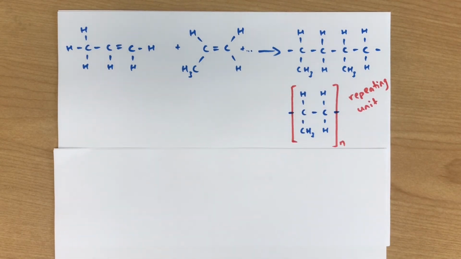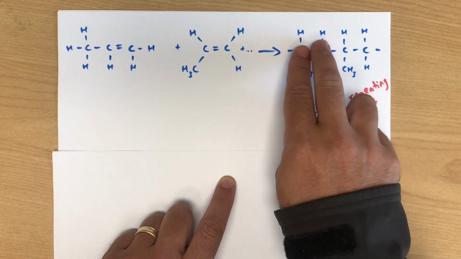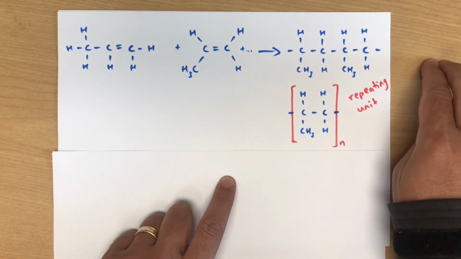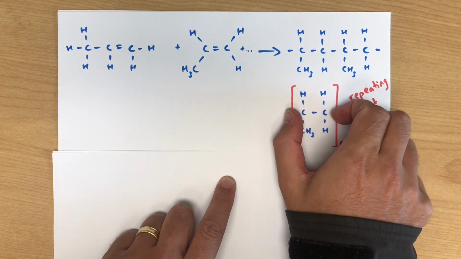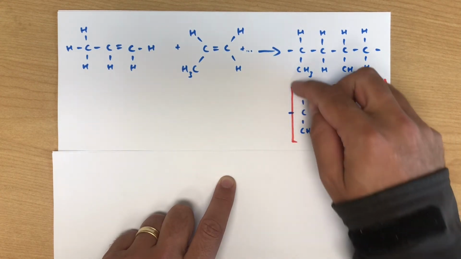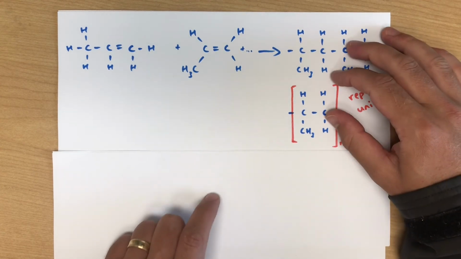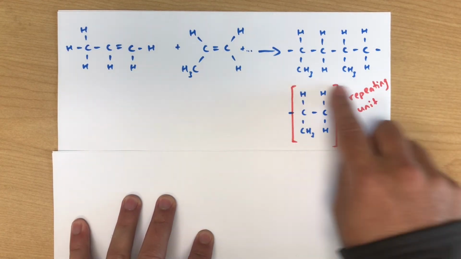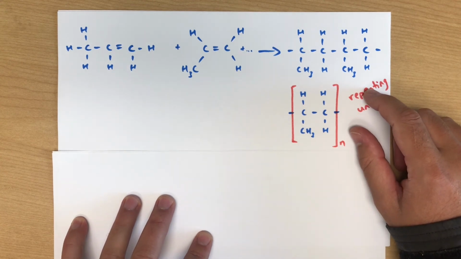We can also draw that repeating unit like this, where we say it's this part of the molecule that's then going to repeat all the way down the molecule an undefined number of times. So to say it's a repeating unit, we say this one section is going to repeat, put some square brackets around it, and give it a little n on the outside to indicate that's the repeating unit. This would be polypropylene, which again is a common plastic, but can also be used in clothing, such as polyprops.